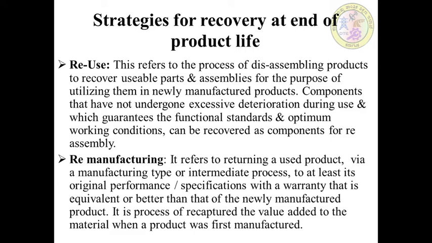Remanufacturing refers to returning a used product, via manufacturing, to at least its original performance. The specification, with the warranty, is equal to or better than that of a newly manufactured product. It is a process of recapturing the value added to the material when the product was first manufactured.